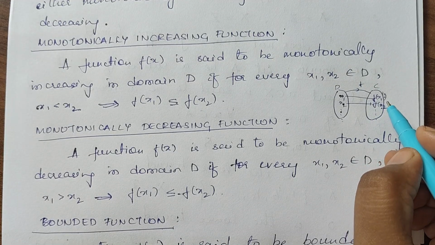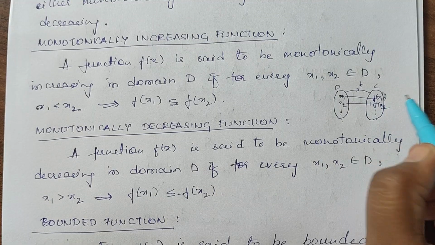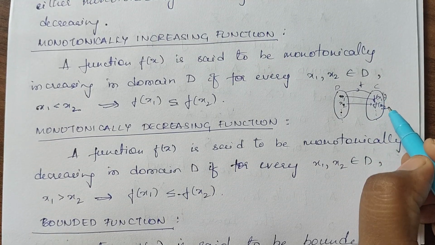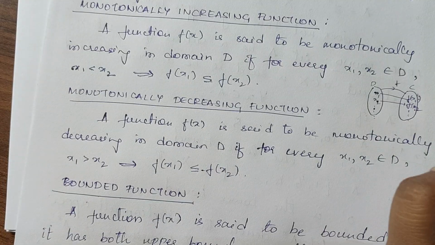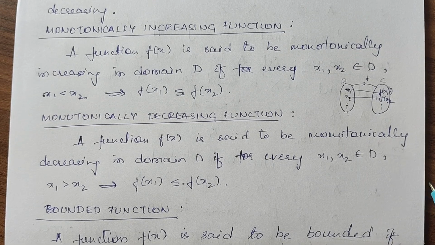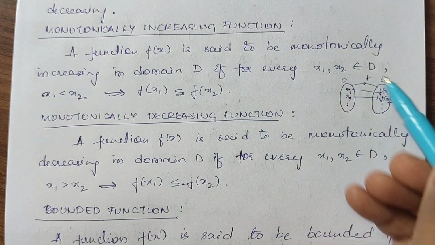But what happens in strictly increasing is it cannot be equal to; it must be greater than f of x1, and f of x3 should be greater than f of x2. So this is how it is in a strictly increasing function. And in a strictly decreasing function, it is the opposite of that.